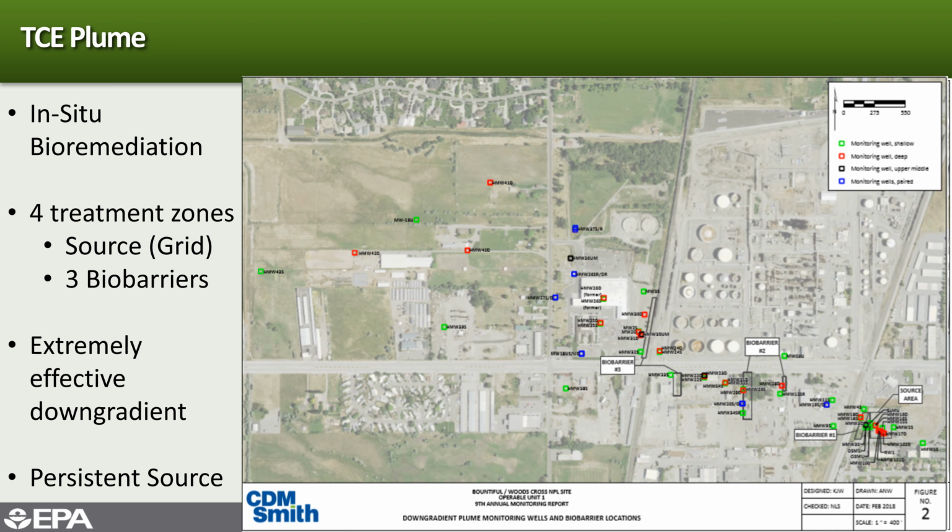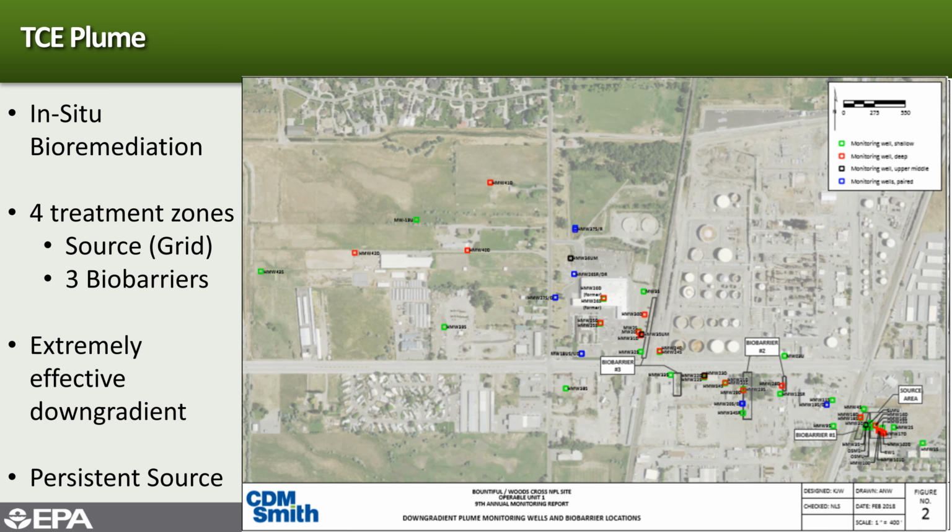And that technique and those biobarriers have been very effective at treating down gradient and keeping down gradient concentrations low, particularly of the main contaminant of TCE, but also of the breakdown products that are commonly associated with the reductive dechlorination process, which includes the cis-1,2-DCE and vinyl chloride, and ultimately, if we can get to ethene.